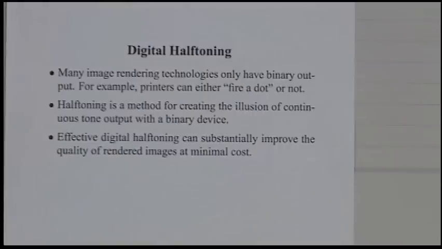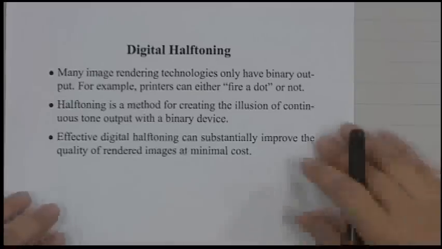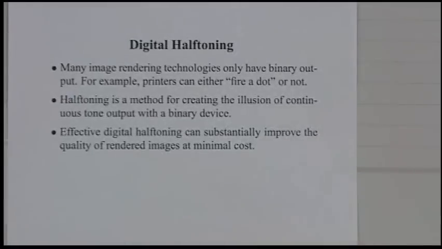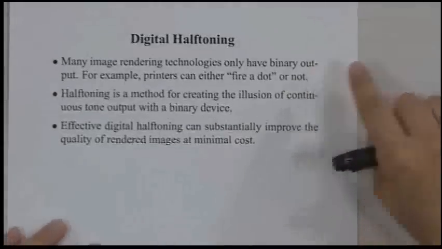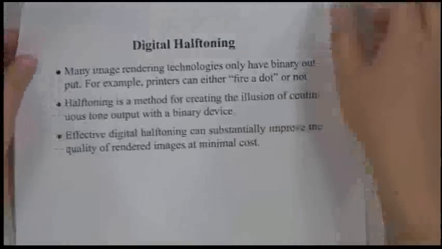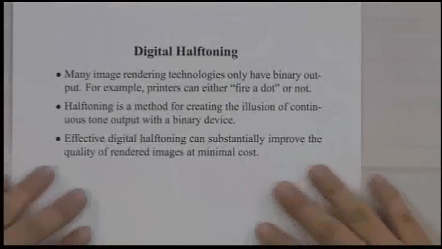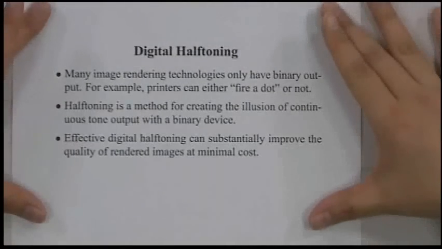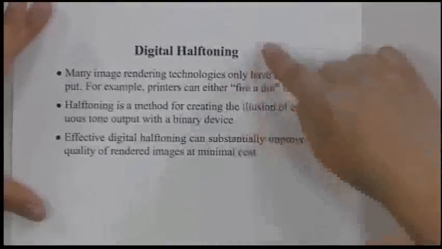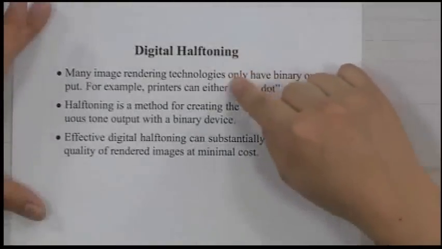Okay, first I will review digital halftoning very quickly. Many image rendering technologies only have binary output. For example, printers can either fire a dot or not. If we want to print this image, it's easy because it contains only text, a white background and black content.